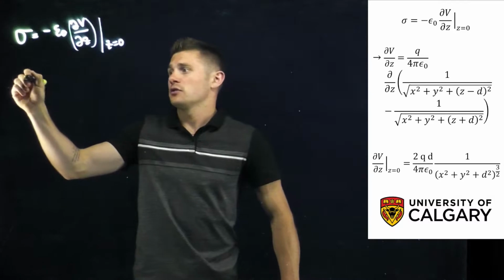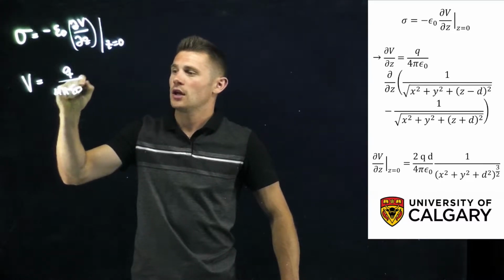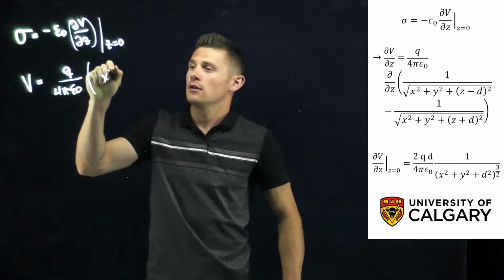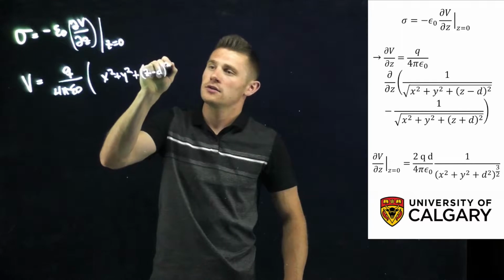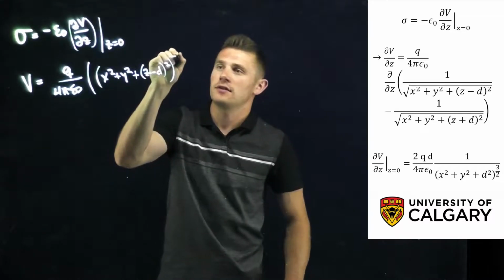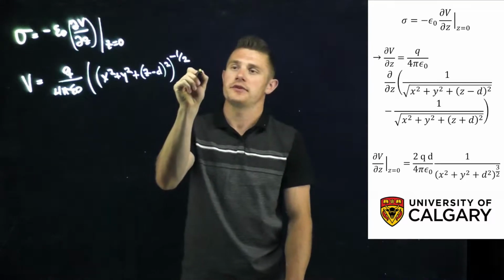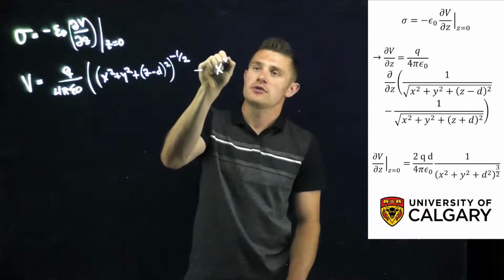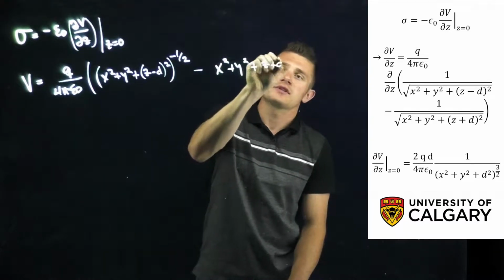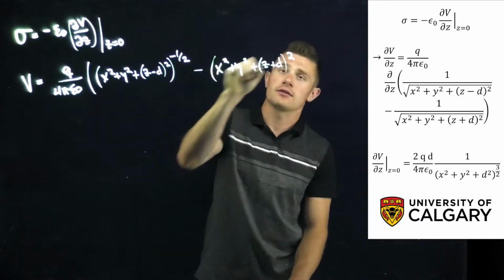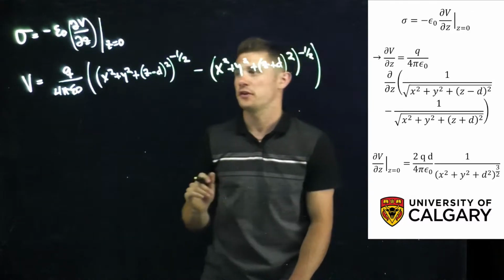We had the potential V equal to Q over 4 pi epsilon naught, (x squared plus y squared plus (z minus d) squared) to the negative 1/2, indicating that the square root was in the denominator, minus (x squared plus y squared plus (z plus d) squared) to the negative 1/2, again the negative 1/2 indicating a square root in the denominator.